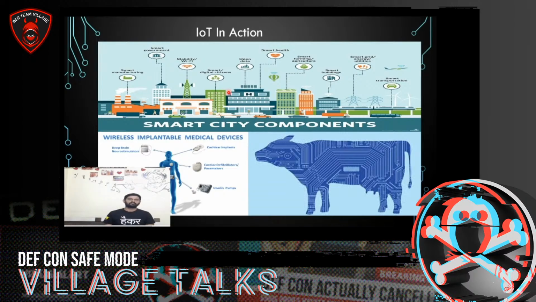Section 1 consists of IoT used at a large scale in industries: manufacturing industries, government, the cellular industry, that is internet providers and ISPs, then smart digital citizens, smart health, the agricultural industry, smart buildings, smart grid, obviously, and lastly the transportation industry. So let's go through them one by one.